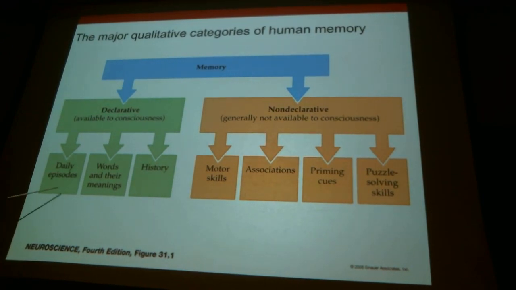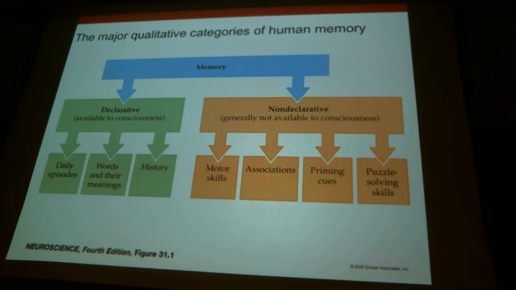By declarative, we really mean your conscious perception of having been somewhere in the past. It also is your reference knowledge. What did you learn in 353, and being able to put that on an exam? So you're using your declarative memory to do that. And your general history. Okay, so that seems kind of clear.